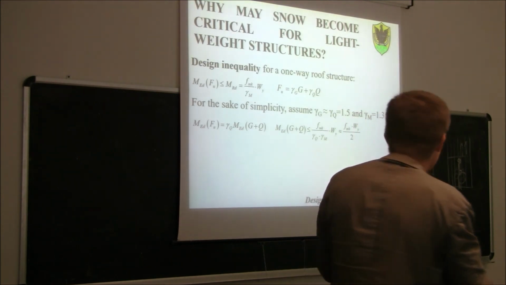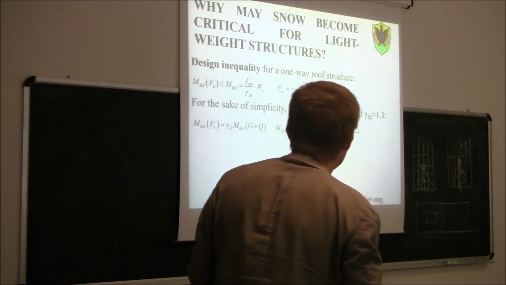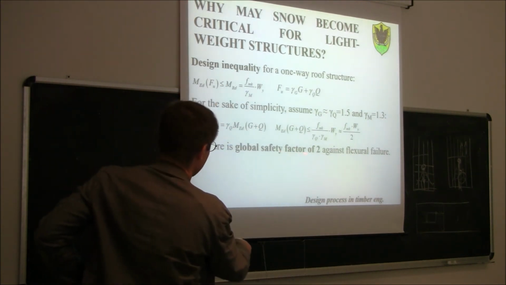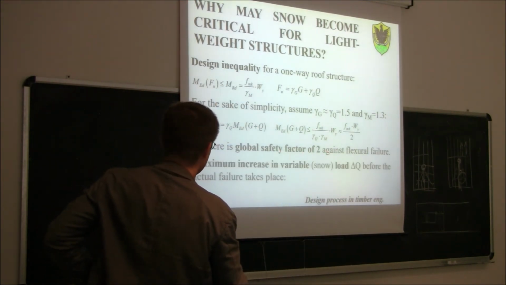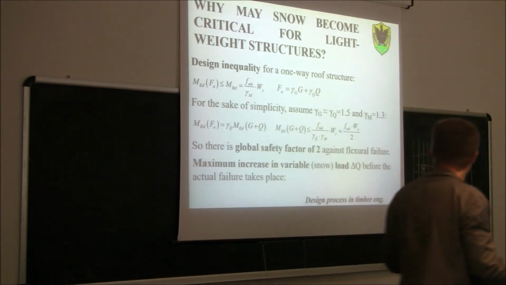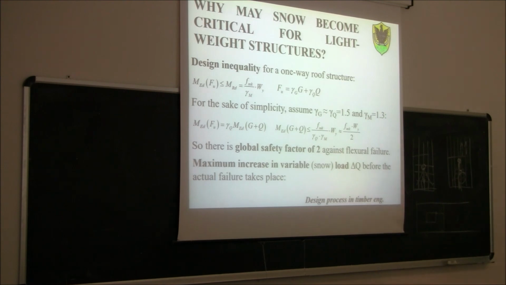Okay? So in order to get the failure, which value of load should I apply? So here's a global safety factor of 2 against the actual failure. Now I want to calculate what is the maximum increase in variable load, so snow load, such that my structure reaches the actual failure. So reach FMK, not FMK divided by 2.